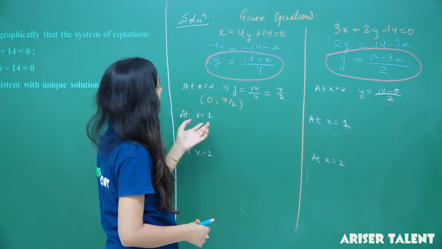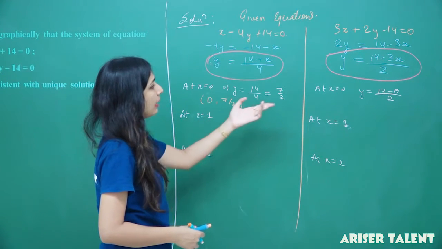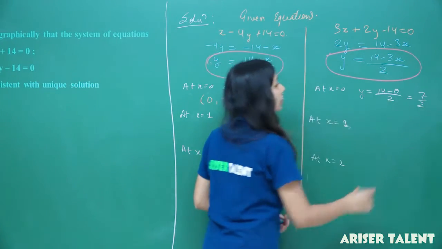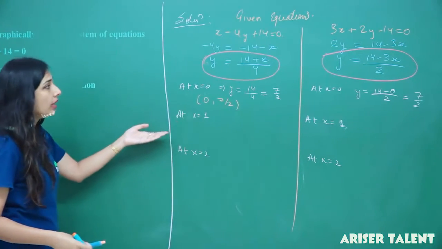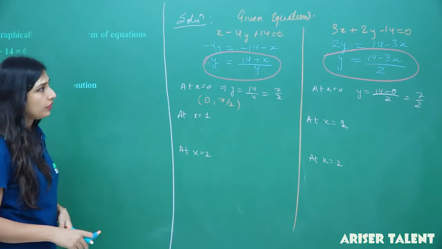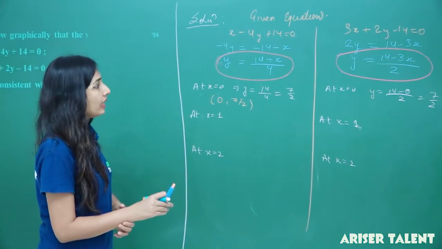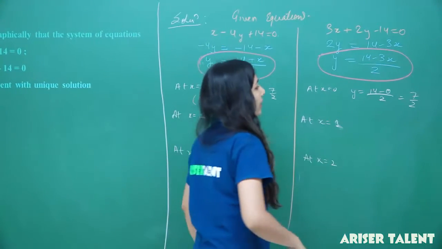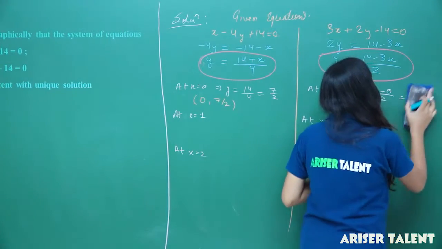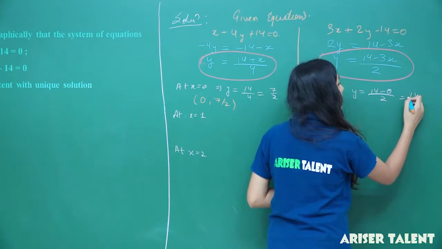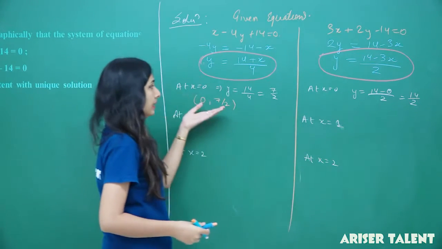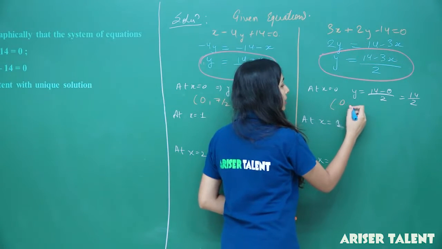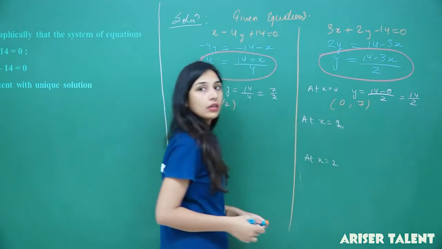If I put x equals to 0, that will become also 7 by 2. So if it is 7 by 2 and if it is 7 by 2, right students? No, it's 7 by 4, right? And it's 14 by 2, right? Okay, so we made a mistake here, that is 14 by 2. So these values are totally different. This is 0 and 7 by 2 and this is 0 and 7, right?